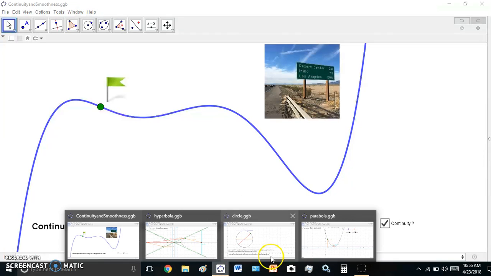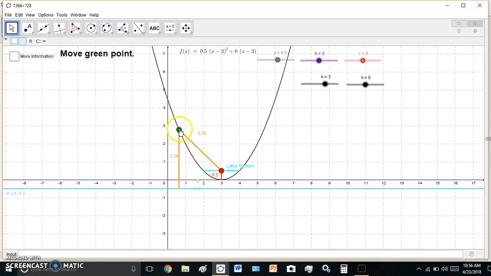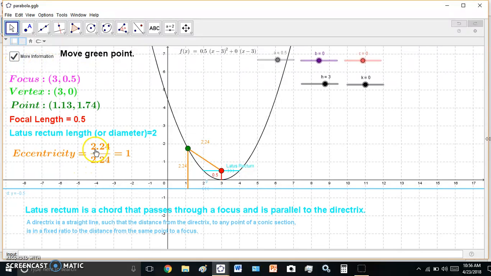And the same thing happens with a parabola, okay? Its eccentricity is 1 because these two distances have the same ratio, right? So, for example, you can move this position anywhere you like along the parabola, and this ratio here remains constant.